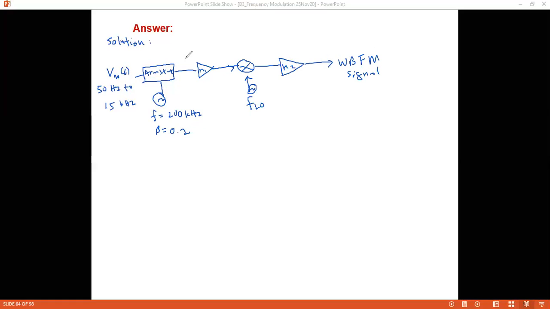You need to label the F and delta F at this point, here, here, and also over here. Before that, we need to have a band pass filter.